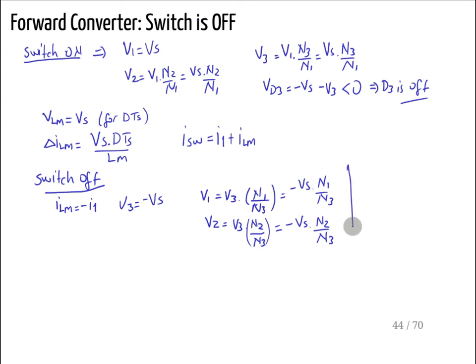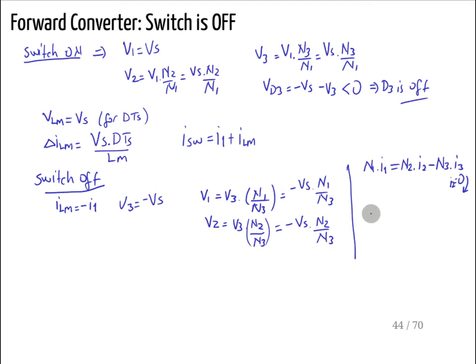Similarly, you can write the same relations using the MMF in a core, assuming a perfect core with an infinitely permeable core and no MMF. You can write N1 I1, similar to a normal transformer, but with the other polarity, N3 times I3, and in the off period I2 is equal to 0.